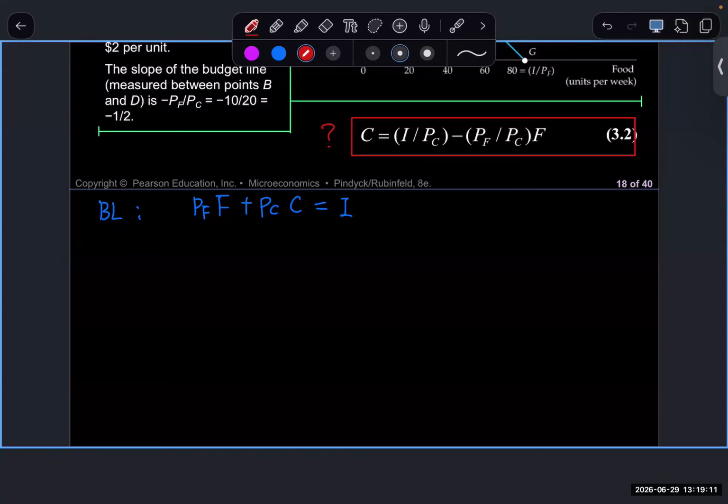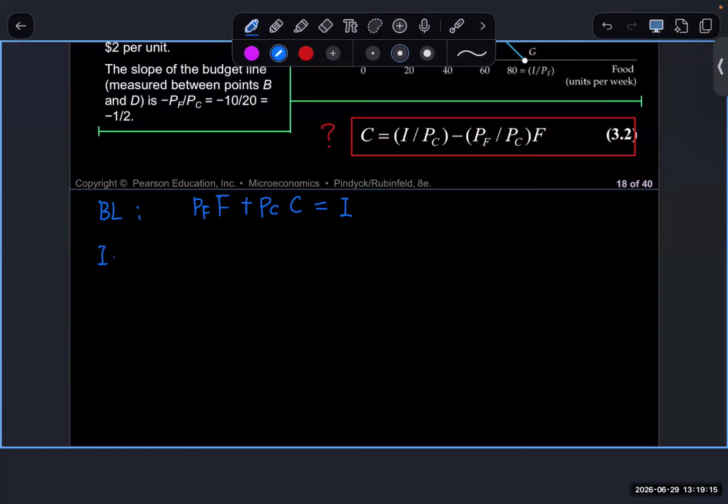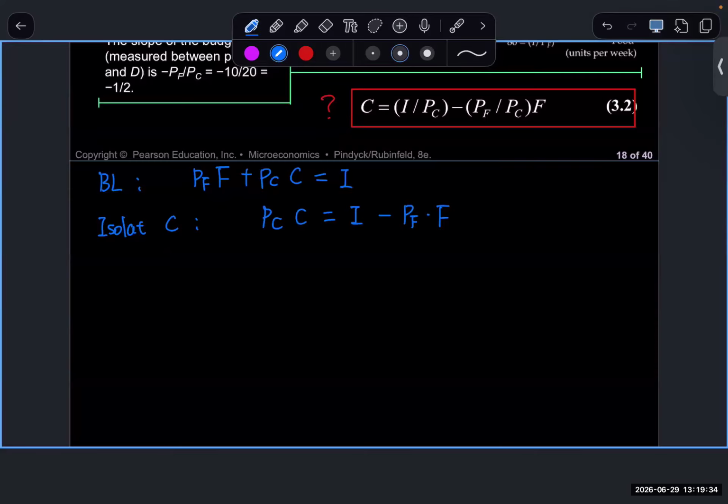So here we're gonna isolate C. Keep PC times C on the left side, equals income minus price of food times food. And then we divide everything by PC, right?